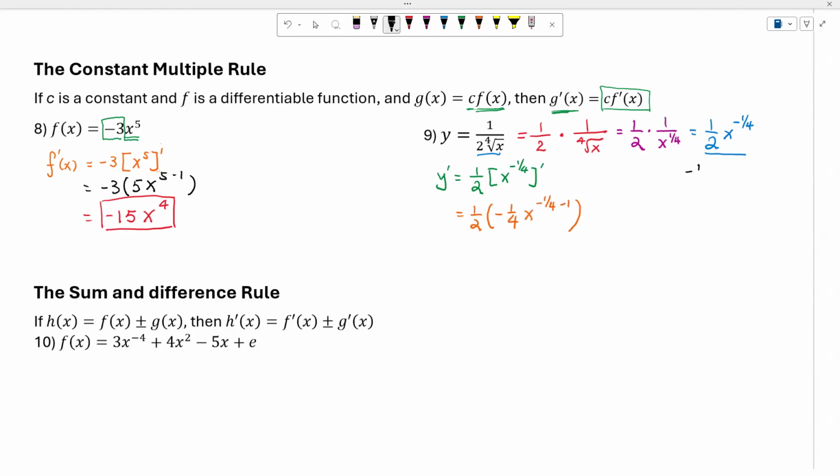Then again, negative 1/4 minus 1 is negative 1/4 minus 4/4, which is equal to negative 5/4. So 1/2 times negative 1/4 will give me negative 1/8. So I have x to the power of negative 5/4.